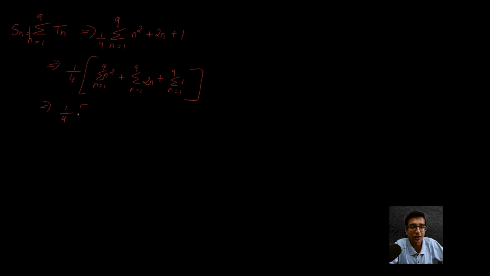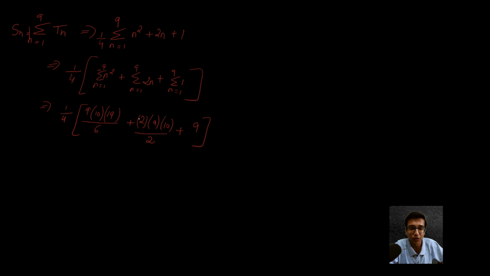Again, here we have to use all the standard formulas that we had studied. The sum of squares of first n natural numbers would be n into n plus 1 into 2n plus 1 by 6. Here n is 9, so we can directly write 9 into 10 into 19 upon 6, plus let's take 2 outside as common, and summation of n natural numbers would be 9 into 10 upon 2, and we are adding 1 nine times, so this would give us 9.